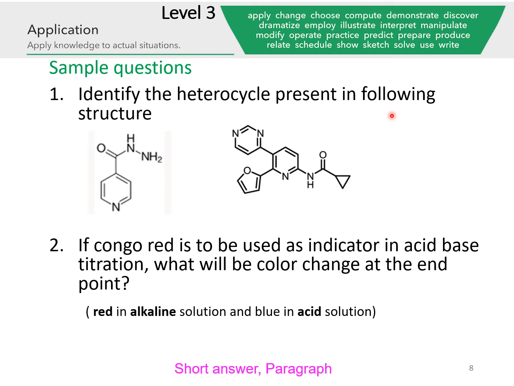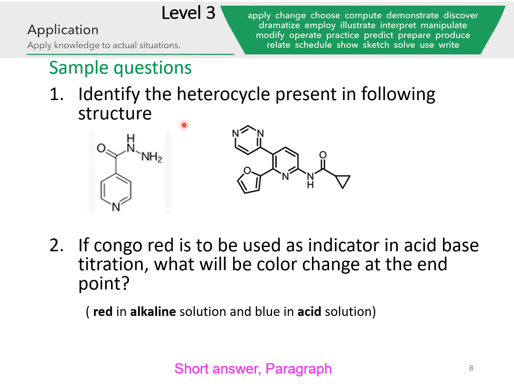Now we can ask them at level 3 if they have really understood what is a quinoline, what is pyridine, what is furan, or those bridged or bicyclic heterocycles. They should be able to identify the heterocycle present in any given structure. Now you need not give them only drugs which are mentioned in their syllabus.